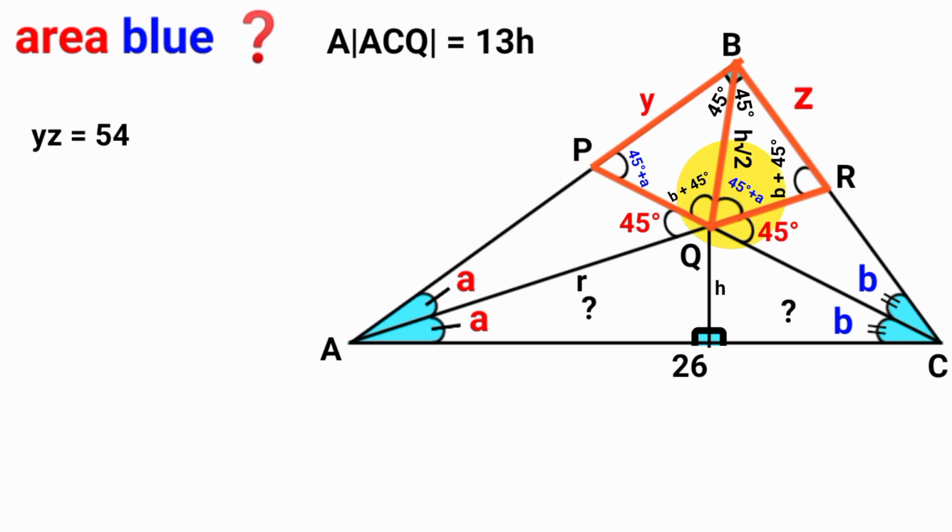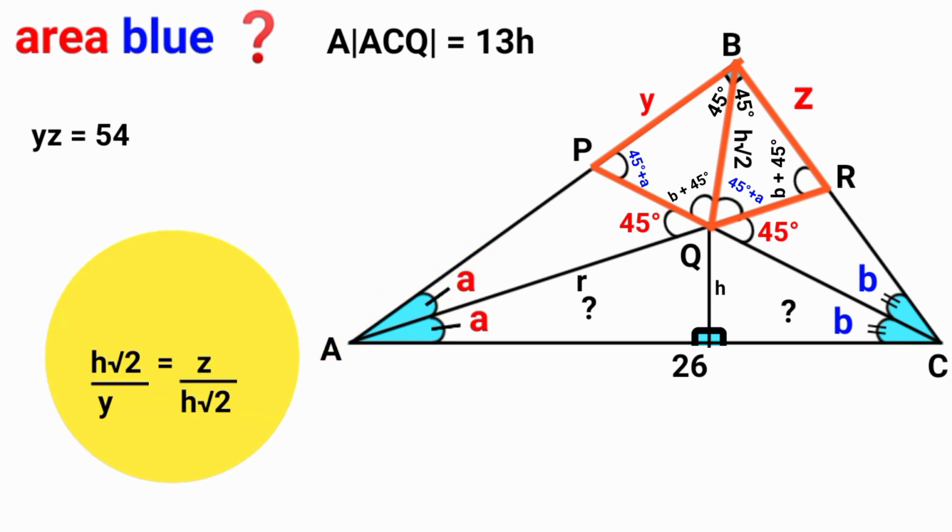Now if you take the ratio of their sides, this side facing angle a plus 45 degrees divided by this side also facing angle a plus 45 degrees must be equal to this side facing angle b plus 45 degrees divided by this side also facing angle b plus 45 degrees.